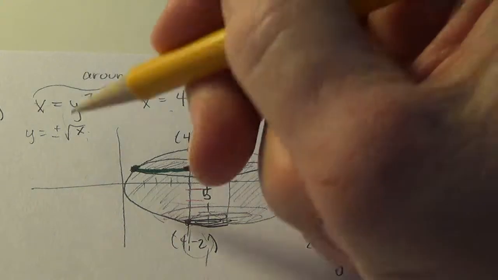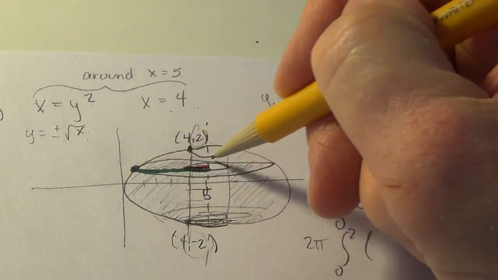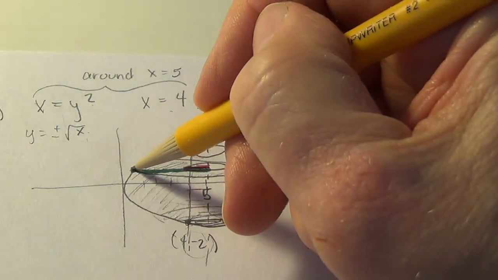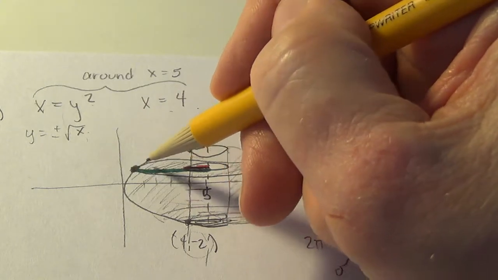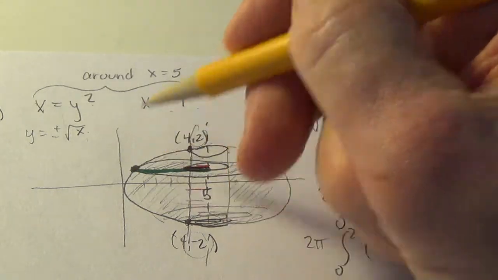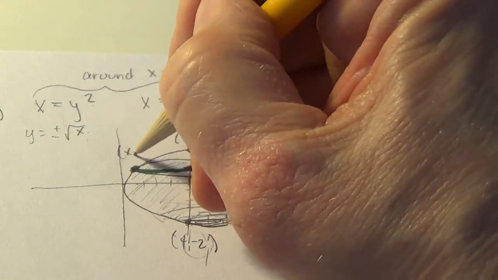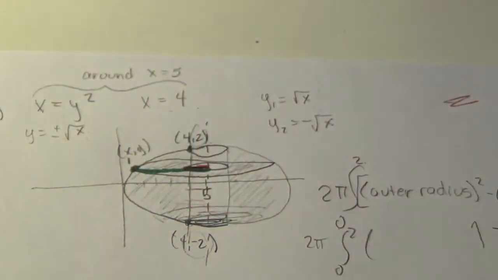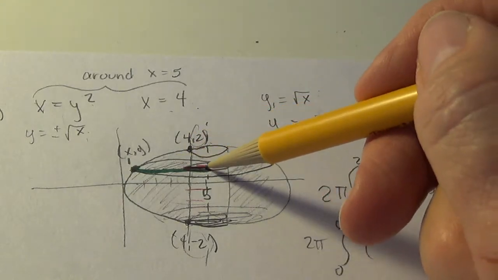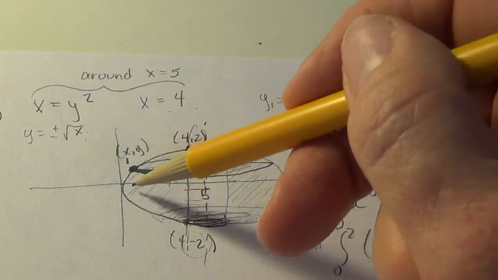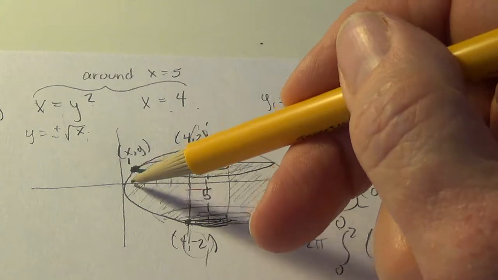It's somehow connected to this point. No matter where I put that washer, it's still going to be involved with this point along the function somewhere. So that point is x, y. Right there. So, can you get this green value? Well, from here to here is x.